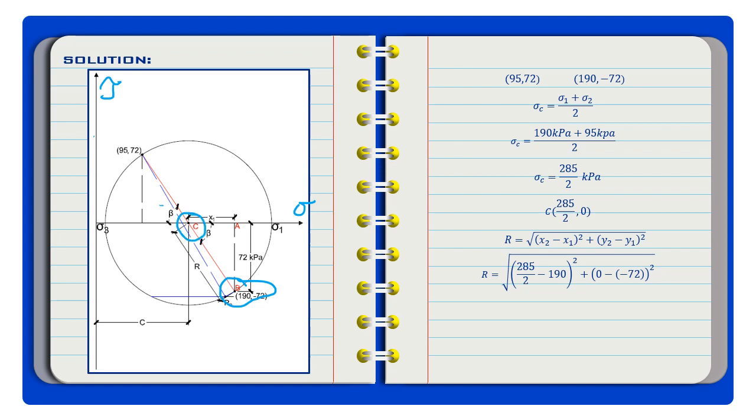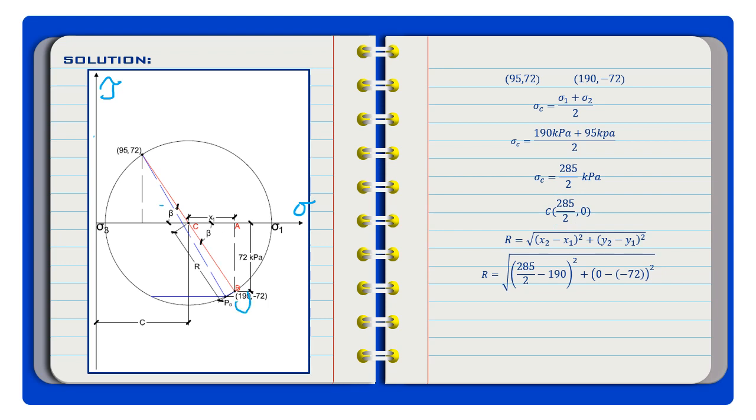So, we will be using the center of the circle and the second point or the first point kanina. So, that will be 285 over 2, which is the abscissa of the center, then minus 190.